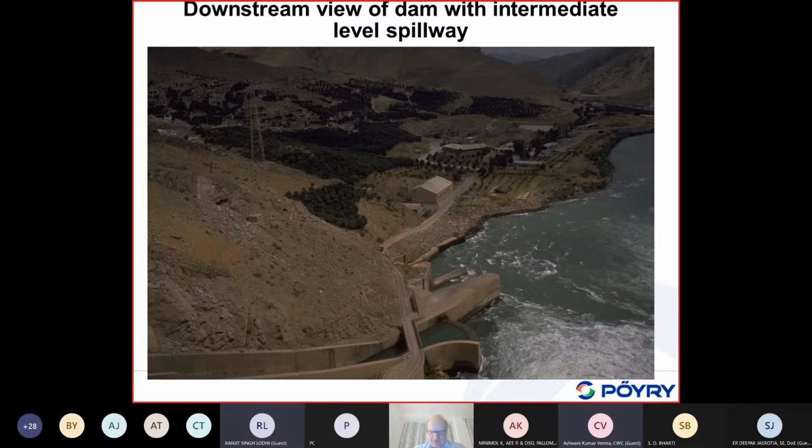Now let me say a few words about the intermediate level spillway on the left bank. This is just the outlet structure of that spillway, and we would like to look here. These are the outlets of the Morning Glory spillway here. This is from the intermediate level outlet, and these are some of the buildings belonging to the power plant.